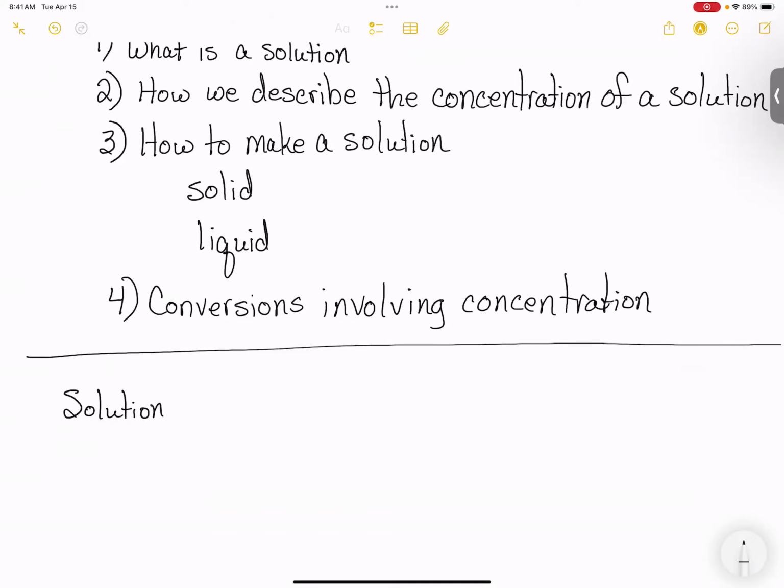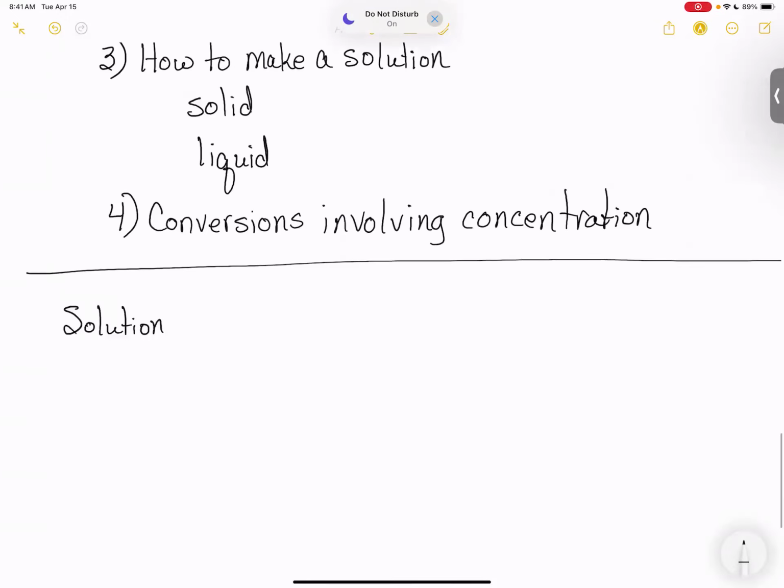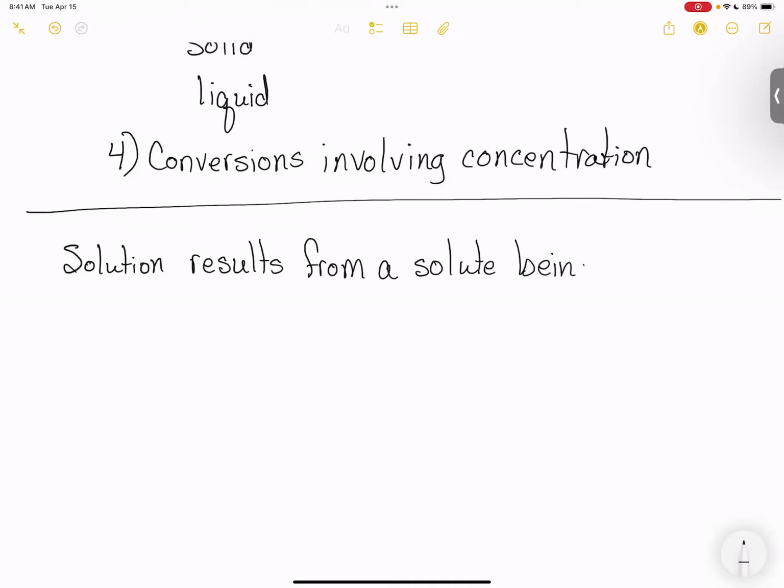A solution results from a solute, I'm combining words, being dissolved in a solvent.